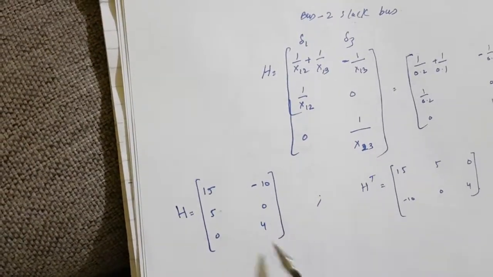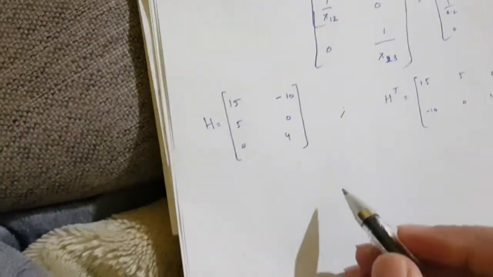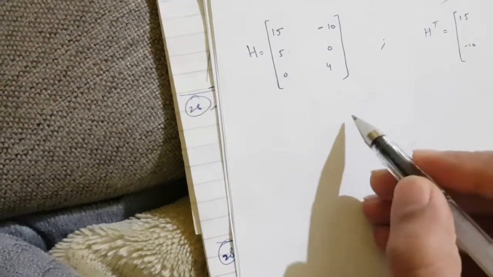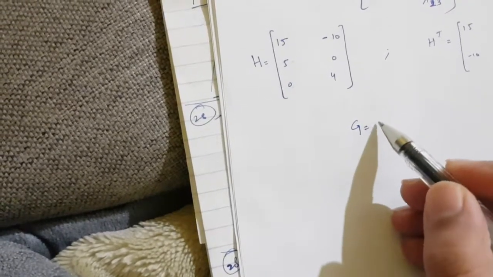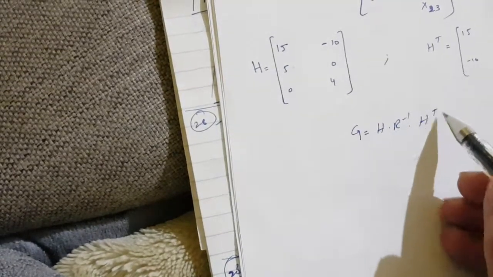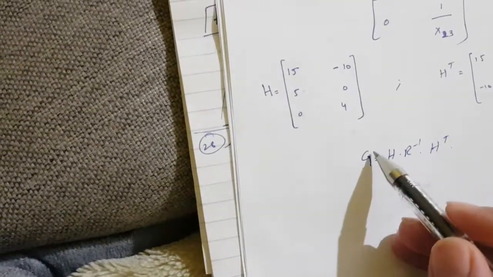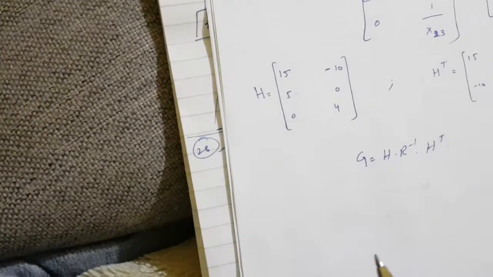Now we have all the unknown things. For example, we can find g, and then afterward g inverse for our actual x value.